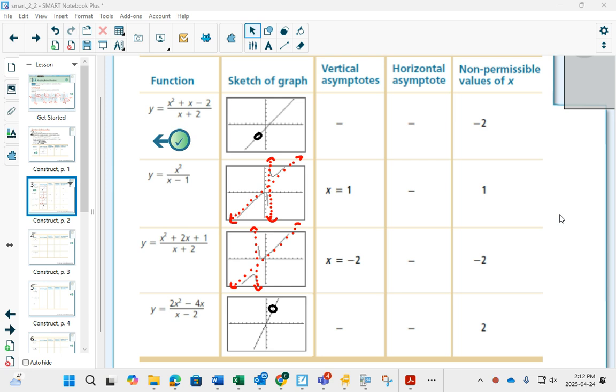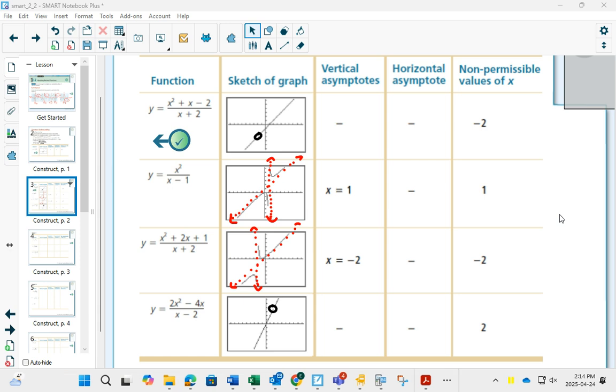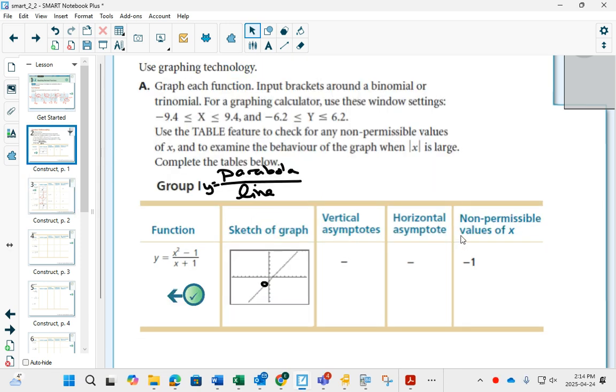So this is group one, the second 4 graphs on page 101. Go back to the top here. This is group one, parabola over a line, and we're just going to make an observation.